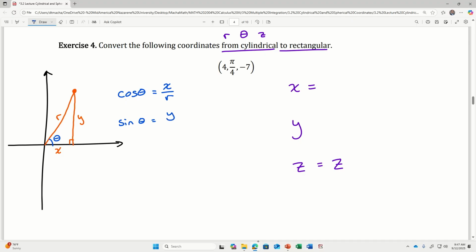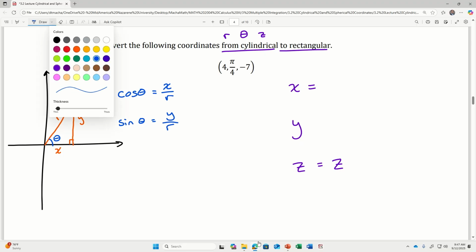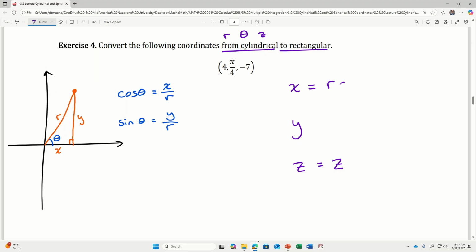Y over r, yeah. Because cosine is adjacent side over hypotenuse, and sine is opposite over hypotenuse. And so that means x is going to have the conversion formula r cosine theta, and y has the conversion formula r sine of theta.